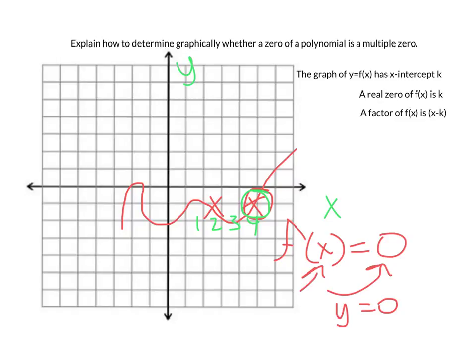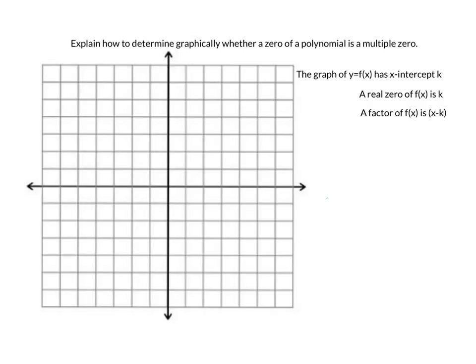Okay, so let's draw a function on this graph. But wait, this graph isn't labeled. And that's a naughty thing. We cannot draw our functions on a graph that does not have a defined scale. So let's do that.